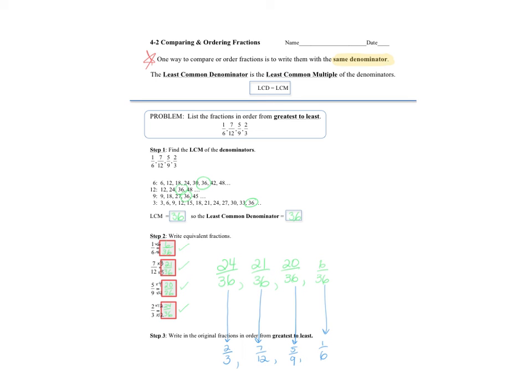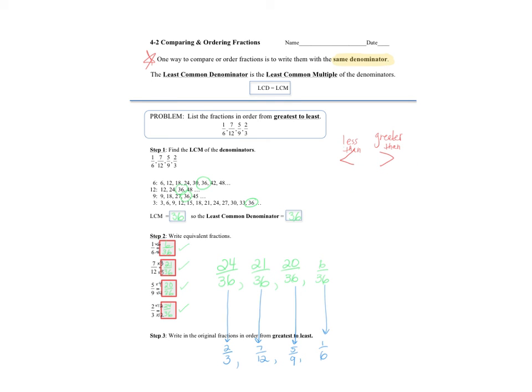So I'm going to have you look right here. An inequality sign is something that you're very familiar with, it's simply a less than sign or a greater than sign. So sometimes we're going to be asked to list our fractions and put these signs in between them.